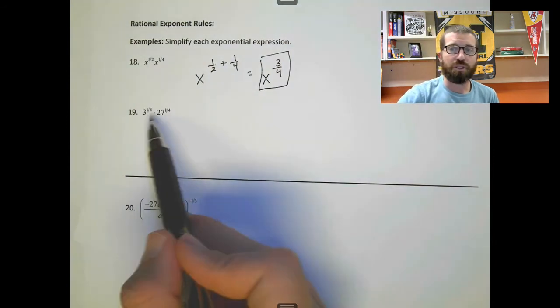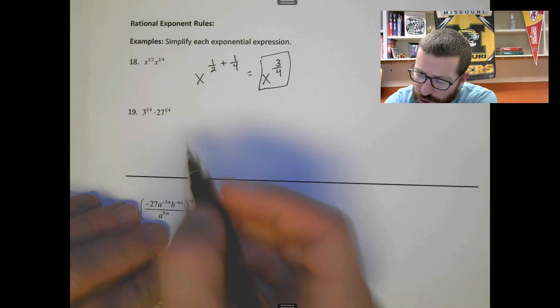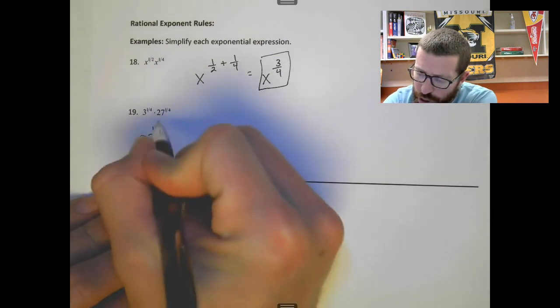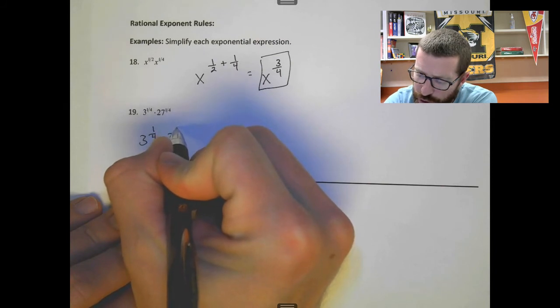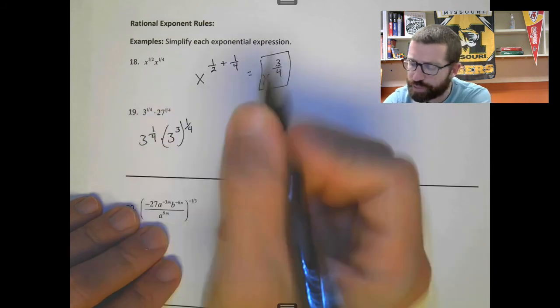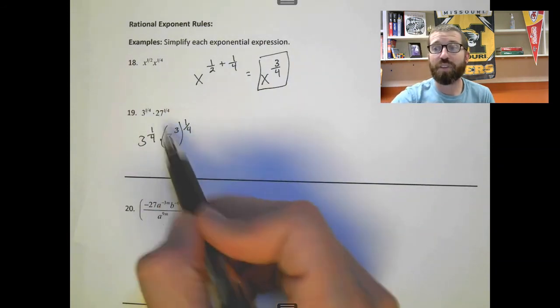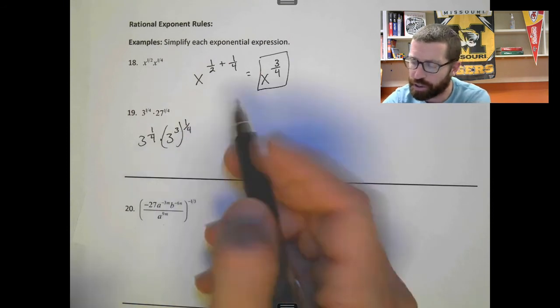Here, these have a different base, so you have to change something. You could use a calculator, but let's look and see how we can do this differently. 27 is the same as 3 to the third power, to the 1/4. So if we change that, now they have the same base, and I can use my exponent rules. When I'm up high, multiply.